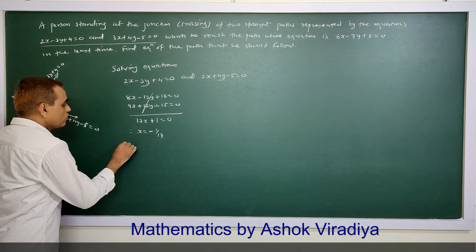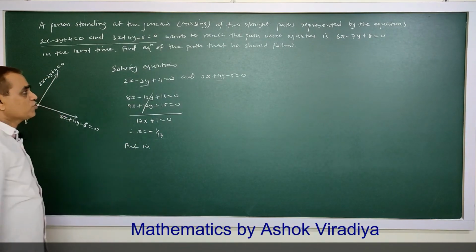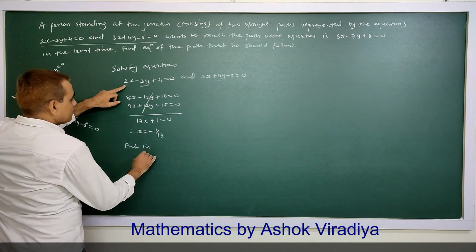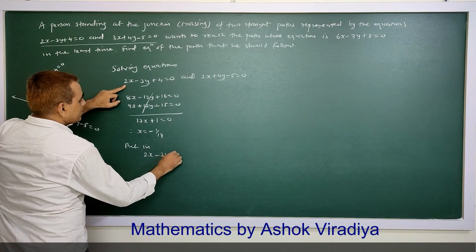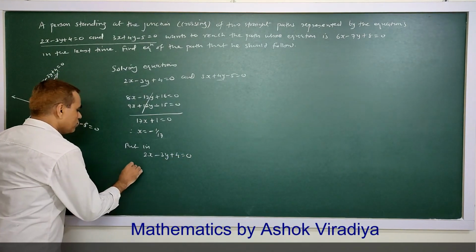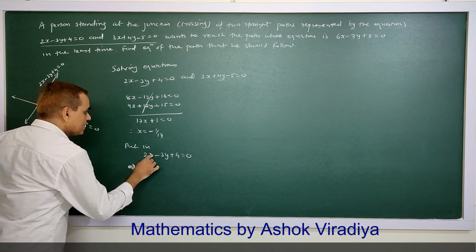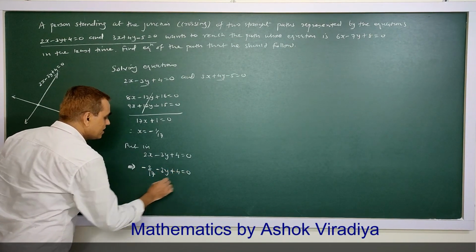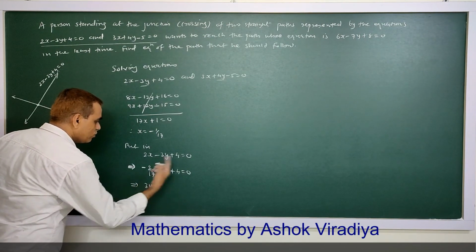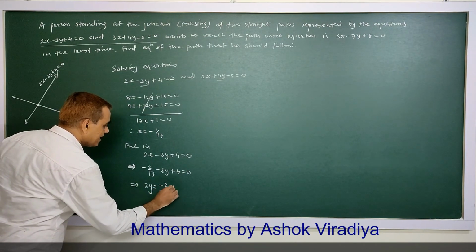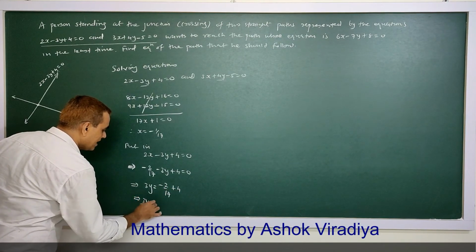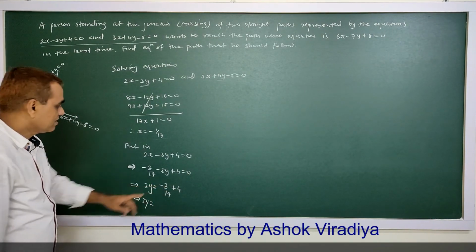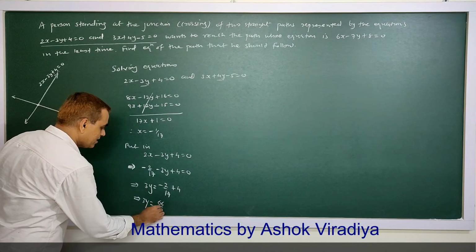Putting this value in second equation or first, in any equation we can put. So put in this equation 2x minus 3y plus 4 equal to 0. So putting here x equal to minus 1 by 17, minus 2 by 17 minus 3y plus 4 is 0. So 3y is equal to minus 2 by 17 plus 4. So 3y is, this is 68, 68 minus 2, 66 by 17.